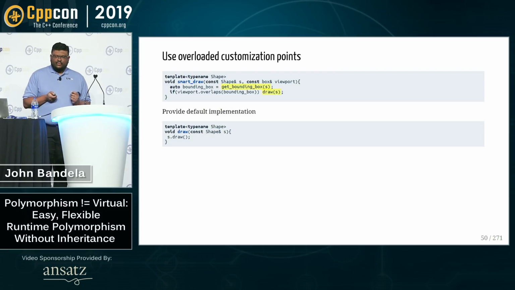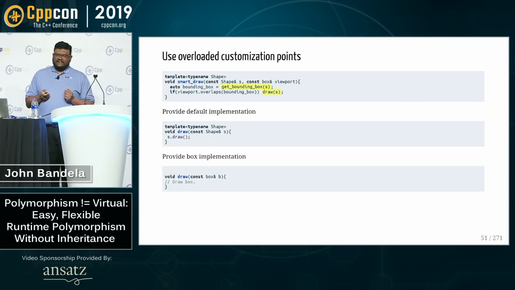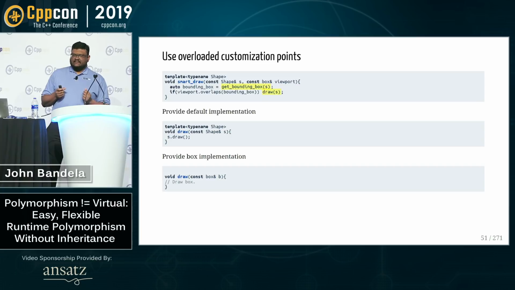And the nice thing is we can provide a default implementation, so for everything, we call s.draw. But the nice part is we can now provide a box implementation without modifying box. We have enough information that box has that we can figure out how to draw it.